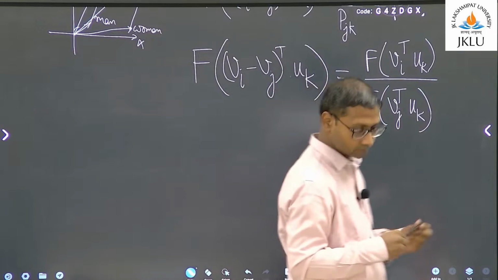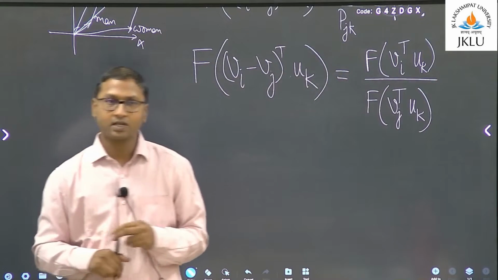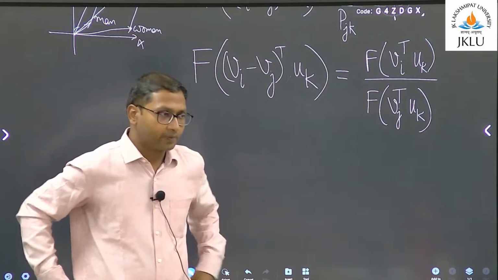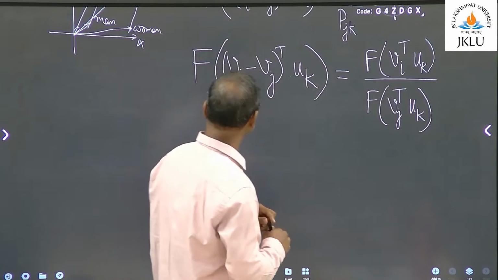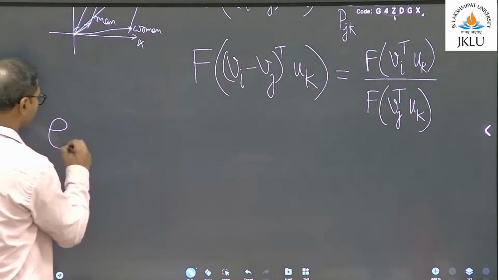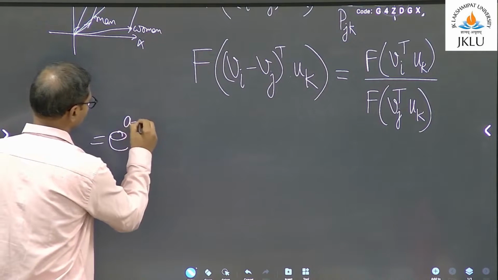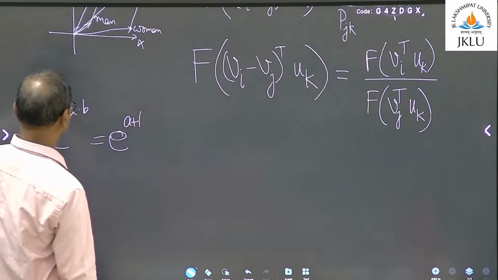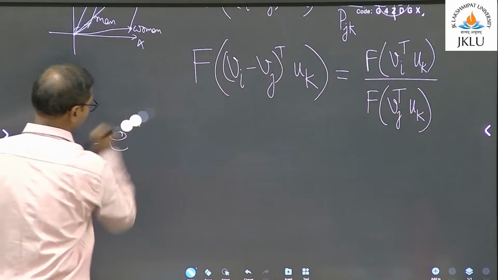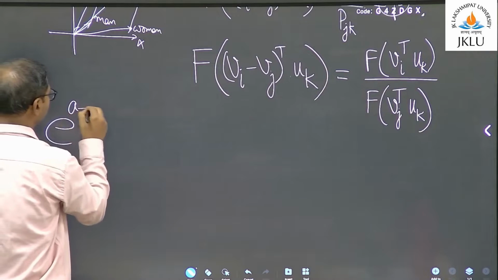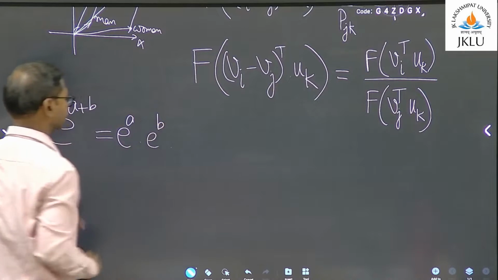Log of m minus n is same as log of m divided by n. What else? E of A dot B will be same as E of A plus... no. E of A plus B is same as E of A dot E of B. Okay.